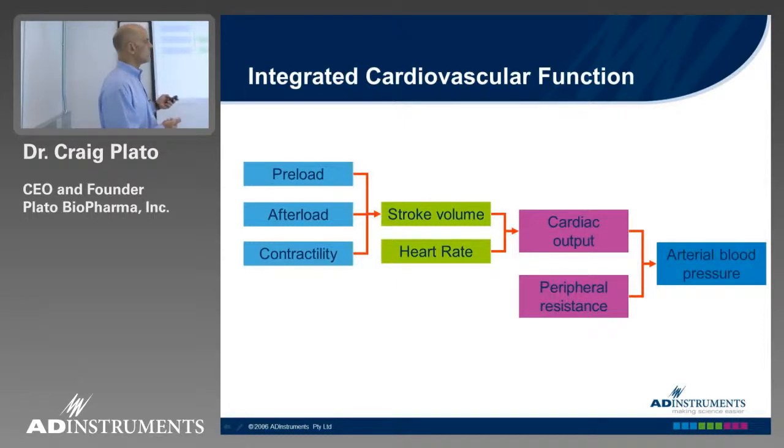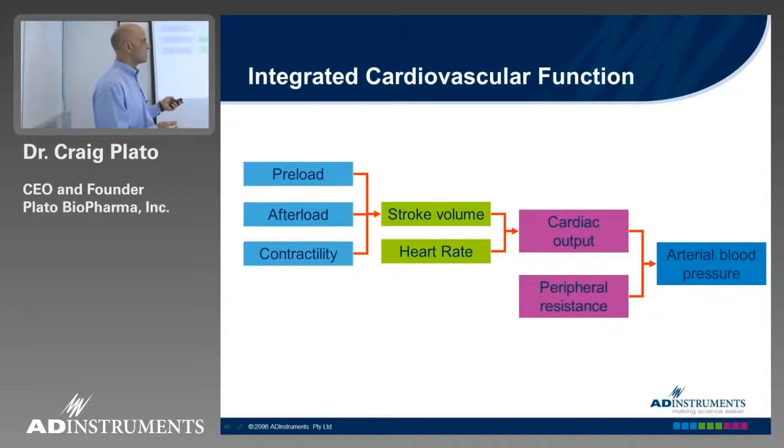And interestingly, when we summate stroke volume and heart rate to get cardiac output, and we take the product of cardiac output and total peripheral resistance, we can actually get arterial pressure. Now, this is a very important relationship to be able to understand, because it's going to tell you something about cardiac performance and how the heart will respond to those demands on the system.